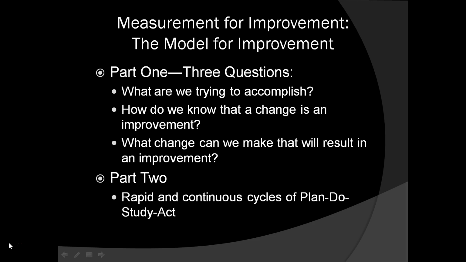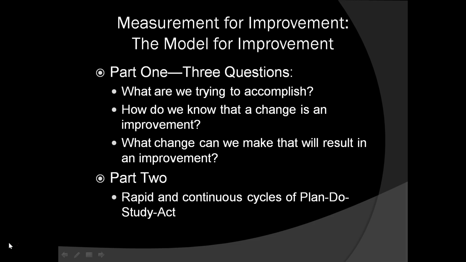The final question is, what change can we make that will result in an improvement? Part two helps to answer this question: the rapid and continuous cycles of Plan, Do, Study, Act. It consists of a continual cycle of Plan, Do, Study, Act to test and implement changes in a real-world setting. For Plan, we develop objectives, predictions, and plans to carry out the cycle.